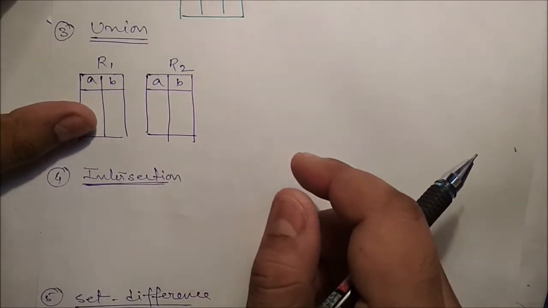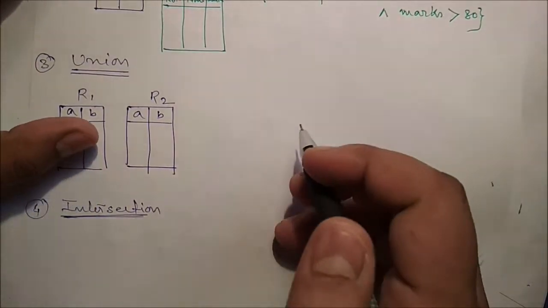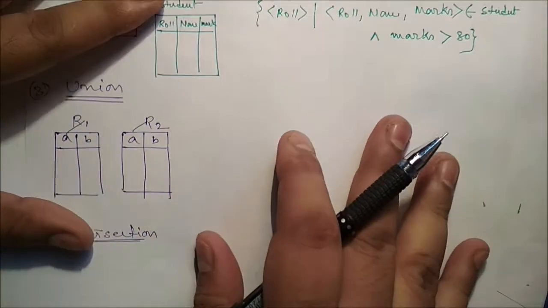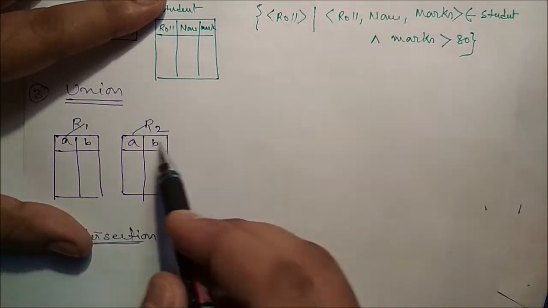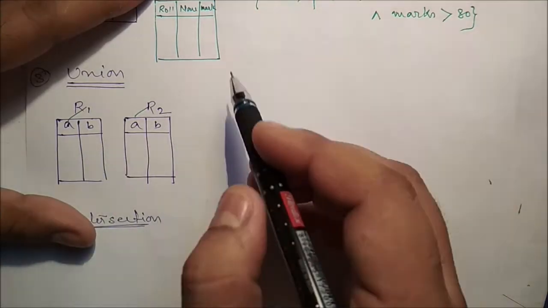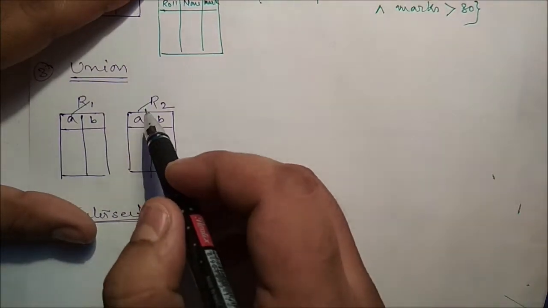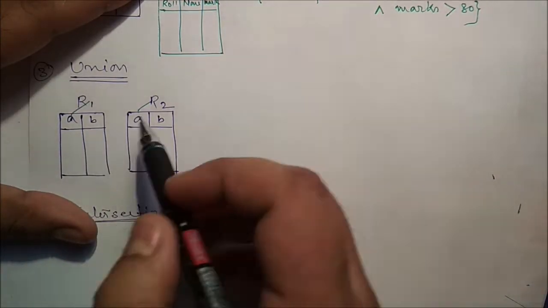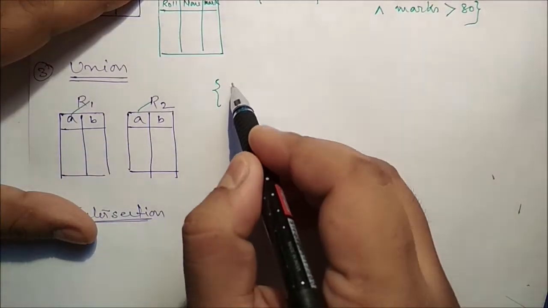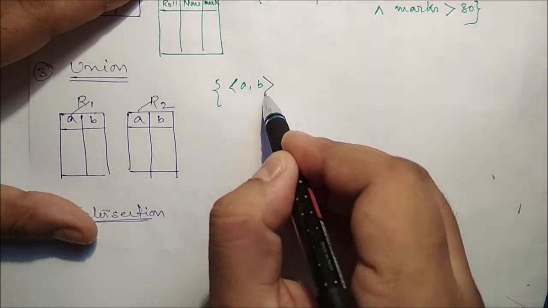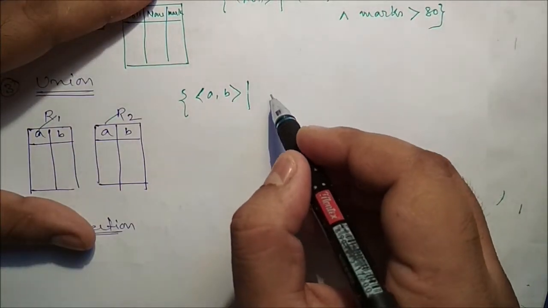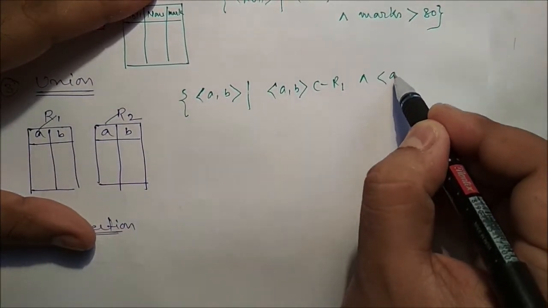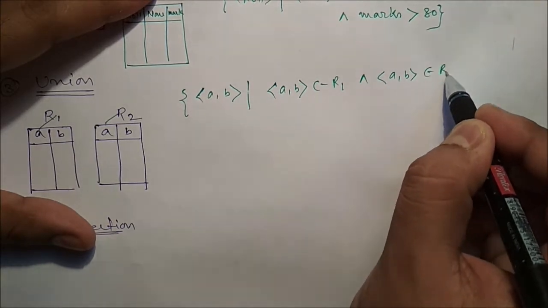Next we can implement union. We can apply union on tables when the number of columns and the attribute types are the same. We need A and B where A and B belong to R1 or A and B belong to R2.